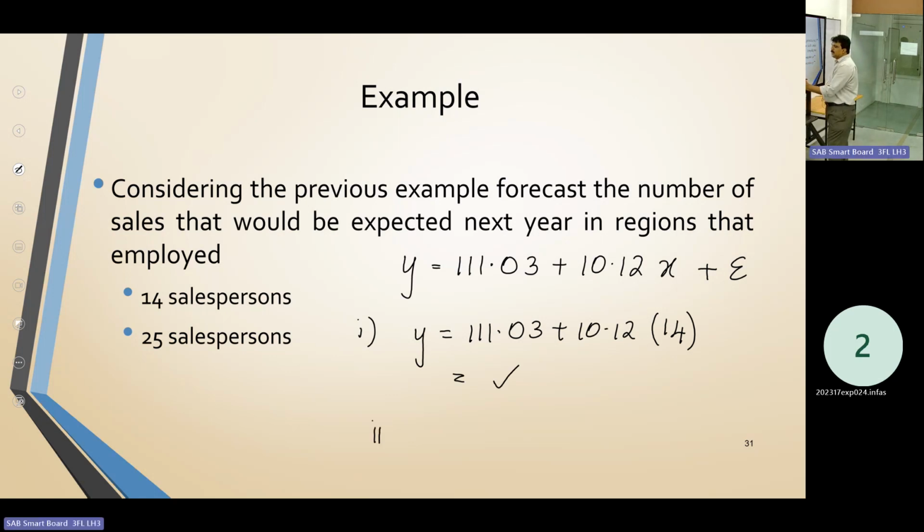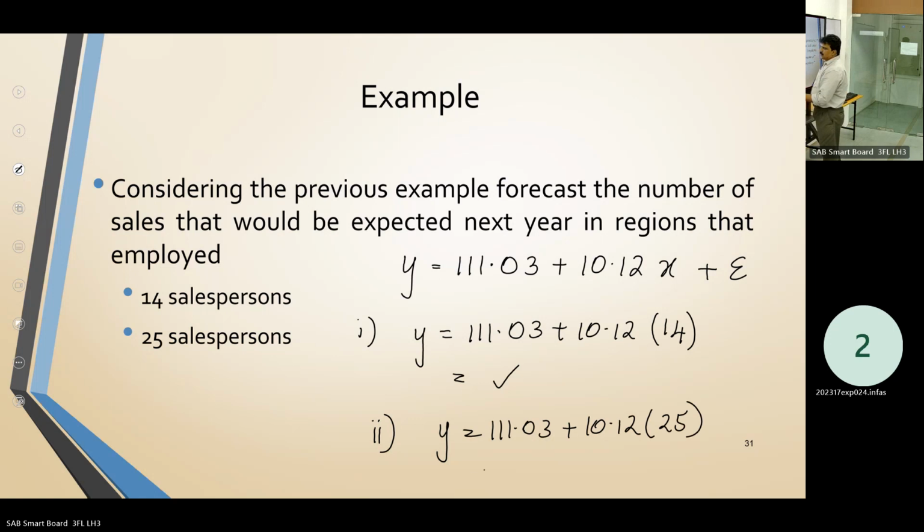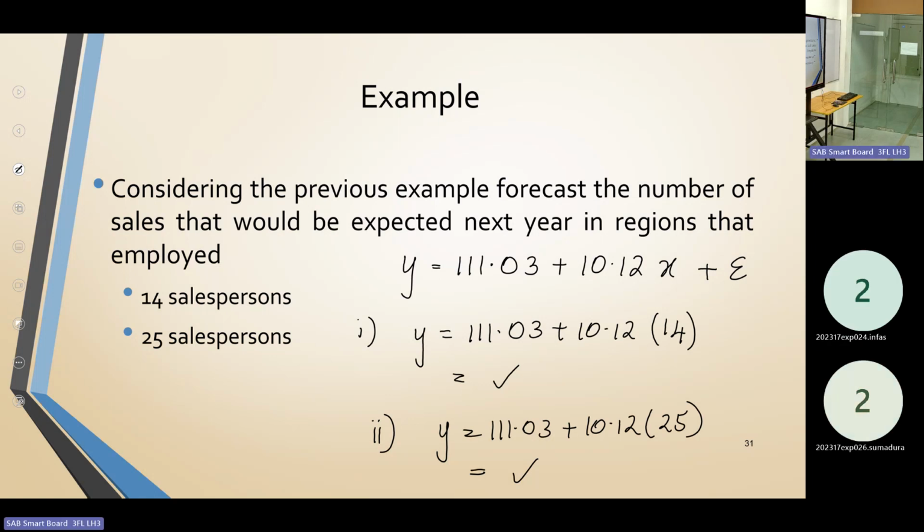Then the second part, same way: Y equals 111.03 plus 10.12 times 25. You are finding the value of y, the response variable, when the predictor variable is given.